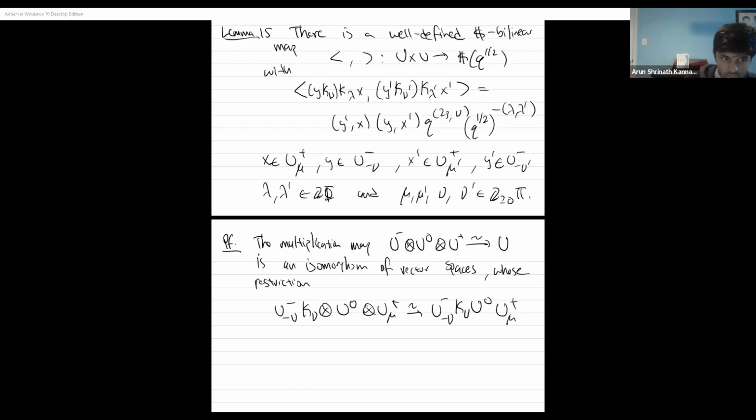Now, since K nu is a unit in U0, this is the same thing as U minus nu minus U naught U mu plus. So what you can do is you get this decomposition of the left-hand side in the multiplication map as follows.